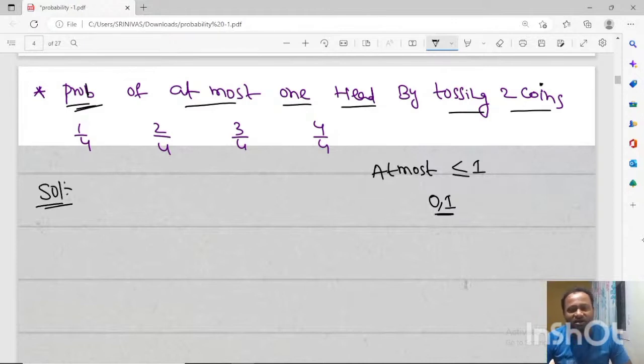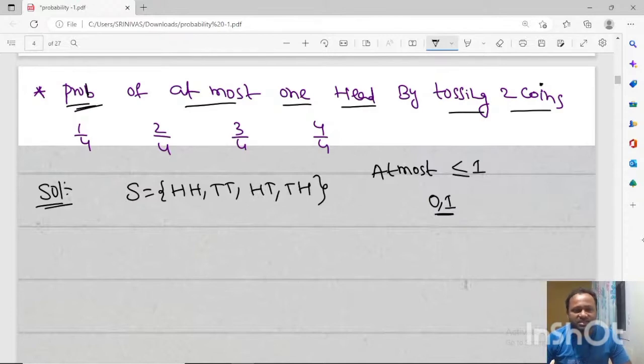I think you got the answer, but even though, let me check it once. The probability of at most one head by tossing a coin 2 times: sample space is head, head; tail, tail; head, tail; tail, head.